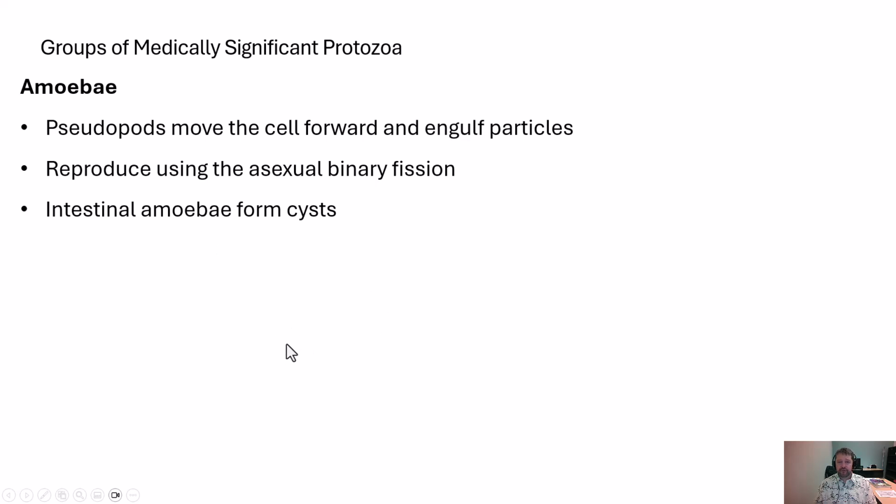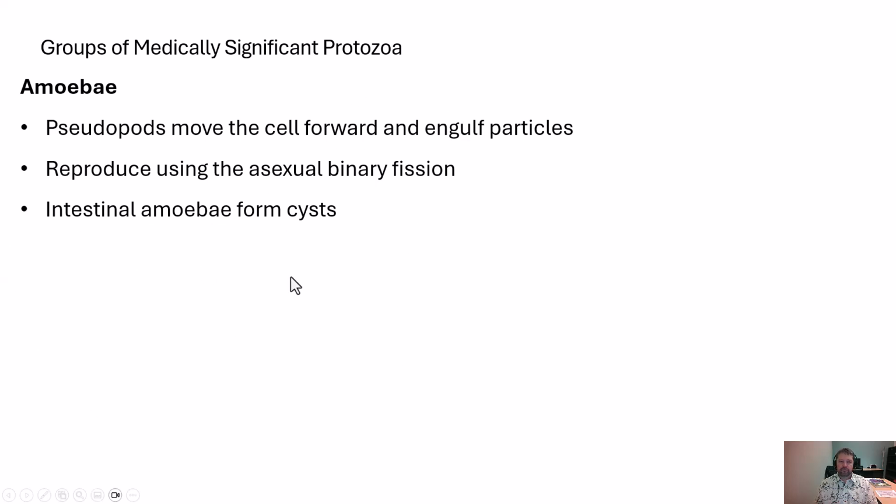But amoebas, when we're talking about them, have a pseudopod that allows them to move forward, but also engulf particles, so they phagocytize, they wrap their pseudopod around things, push them in, and then consume the material by using digestive enzymes.